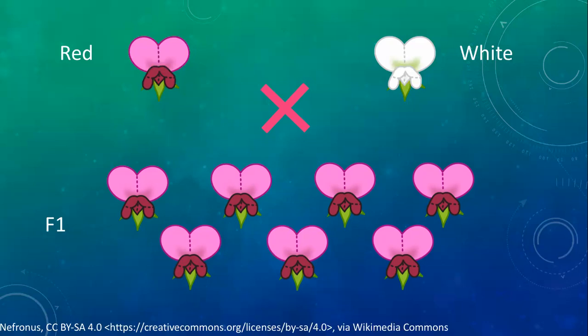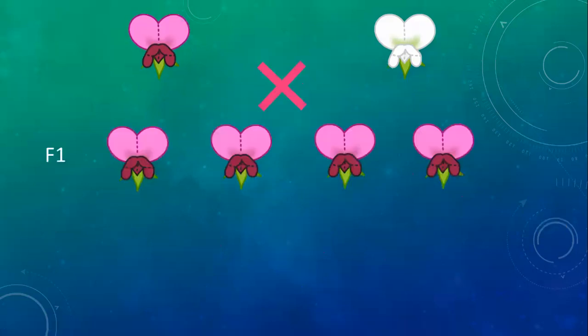So it seemed that the white had completely disappeared. But when he took these plants from the F1 generation, the first hybrids, and crossed them with each other, something very surprising happened. You can try to think what that might have been.